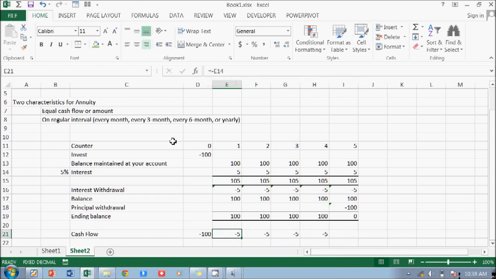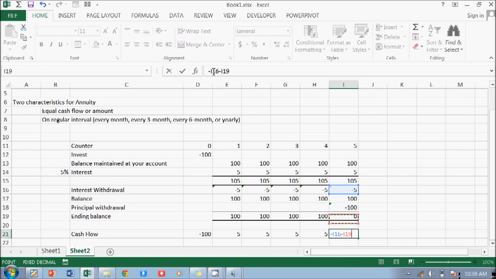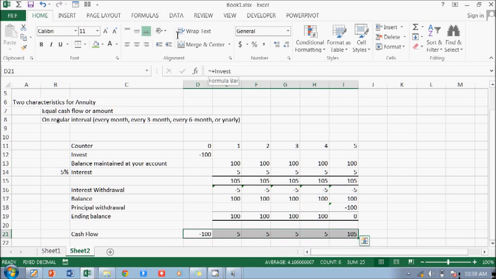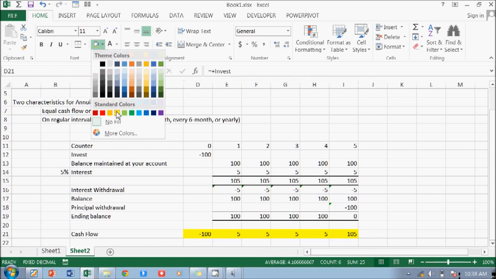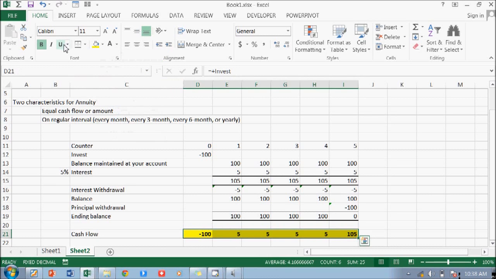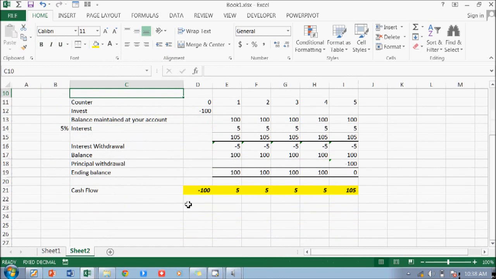Why is it negative? It should be positive because you got the money, right? And then the rest, you got $5 here, put minus here, plus 100 here. So this is your cash flow for the 5 years. I put yellow, bold, and then okay.